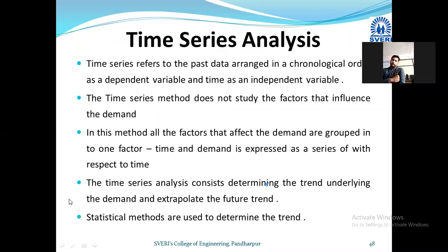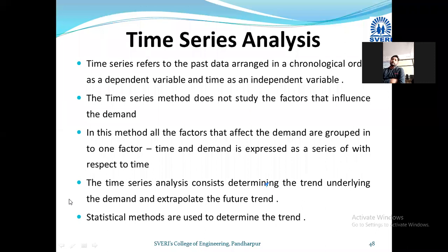Time is that factor. You can write that is time, and demand is expressed as a series with respect to time.